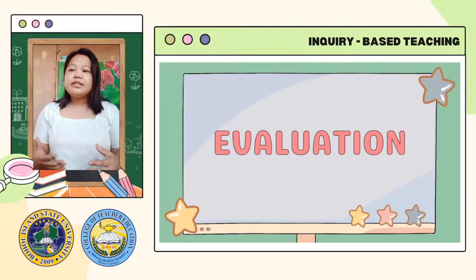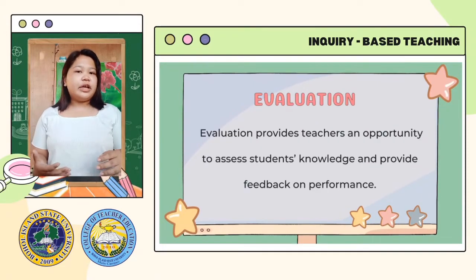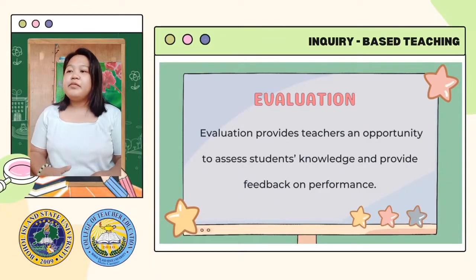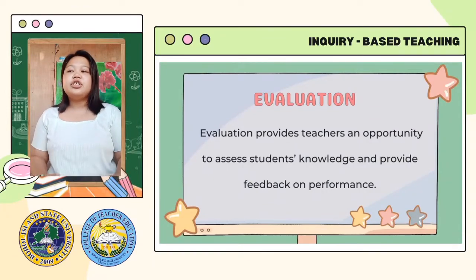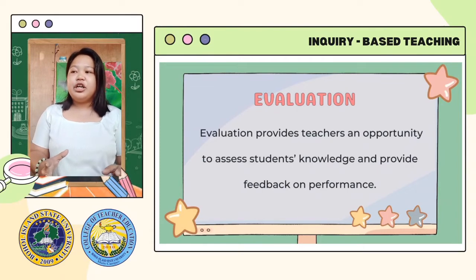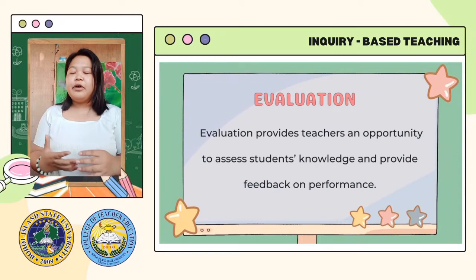The next and the last stage of the 5E model in the inquiry-based learning is evaluation. So we have heard evaluation a lot of times already, no? But evaluation provides teachers an opportunity to assess students' knowledge and provide feedback on performance. So this is what we have encountered about the definition of evaluation.